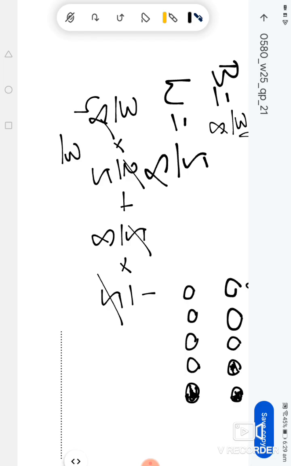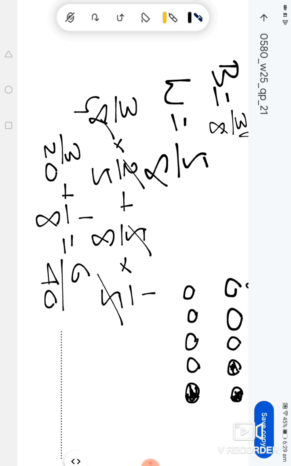So 3 by 20 plus 1 by 8 equals, over 40, 6 plus 5, 11 by 40.